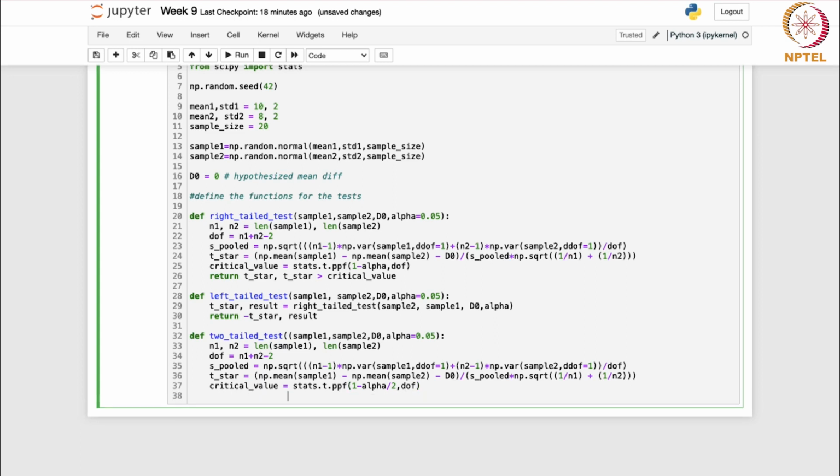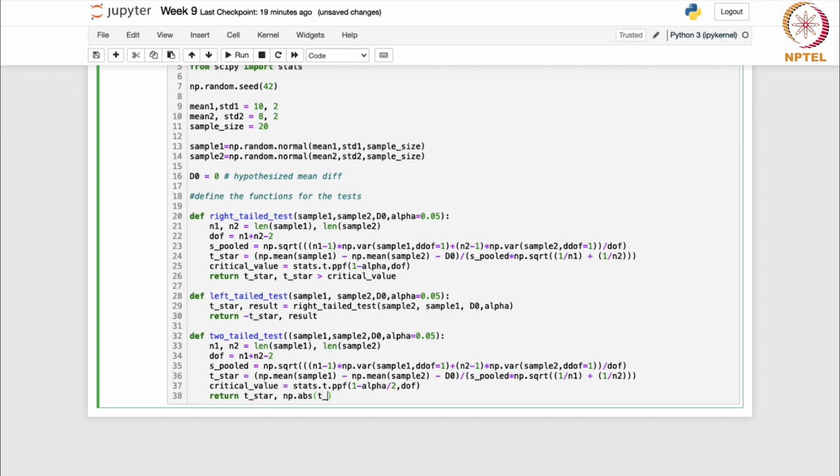Okay, and we are going to return T star and the critical value.